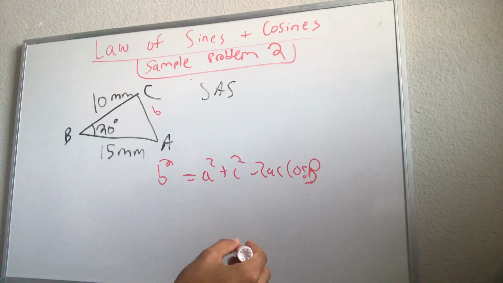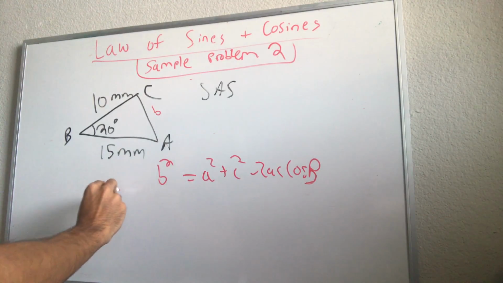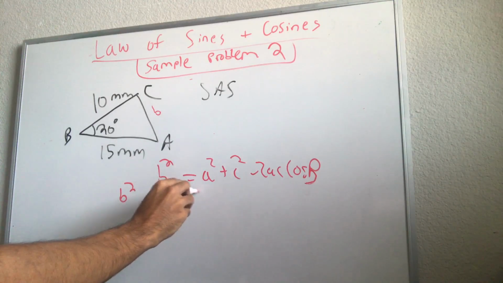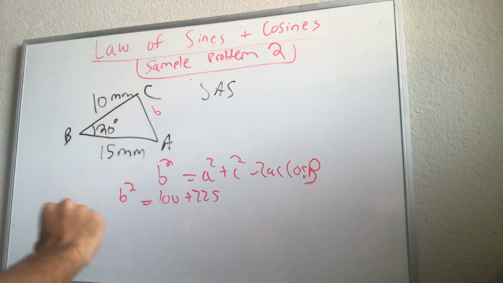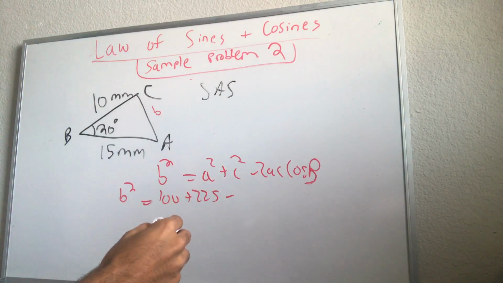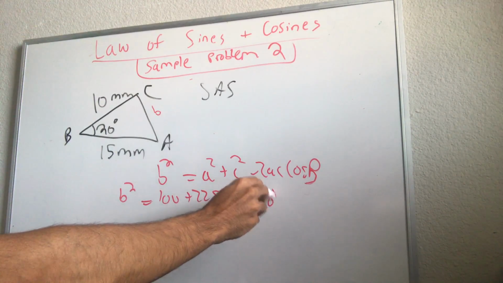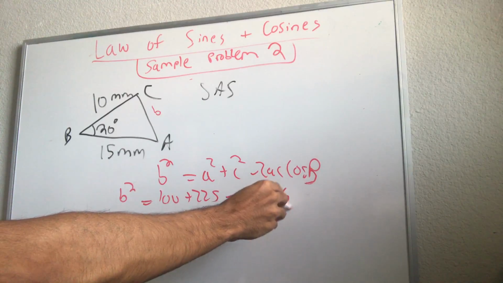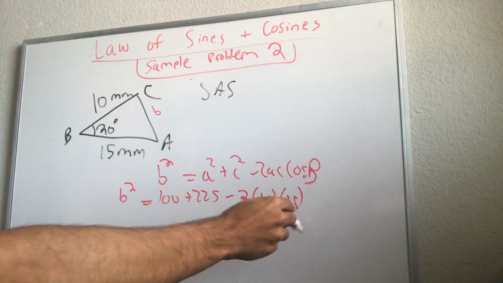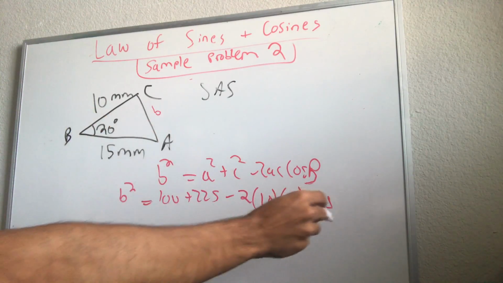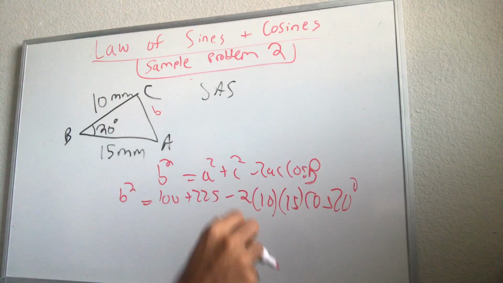Now we plug in the values. We have b squared is equal to 100 plus 225, that is, 10 squared plus 15 squared, minus 2 times 10 times 15, times cosine of 20 degrees.